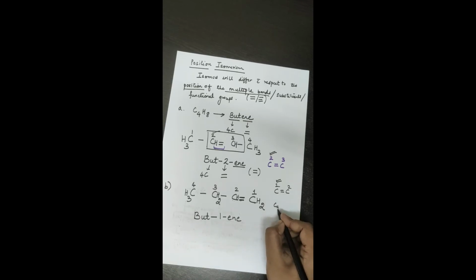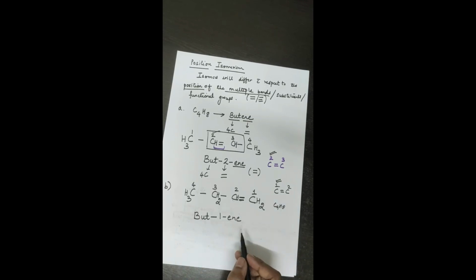Right? These are the two isomers possible for your C4H8. So if you count the number of carbons, number of hydrogens, carbons would be 4, number of hydrogens are 8, and the formula here is also C4H8, but the name and the structure is different. This is bute 1-ene, this is bute 2-ene, right?